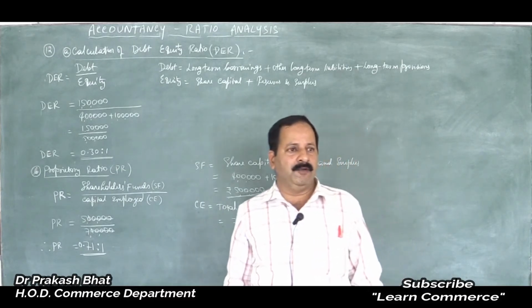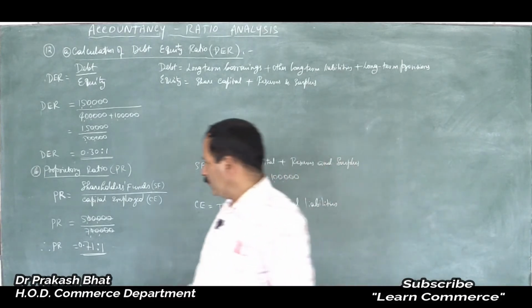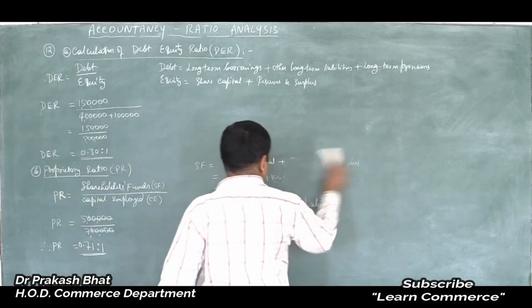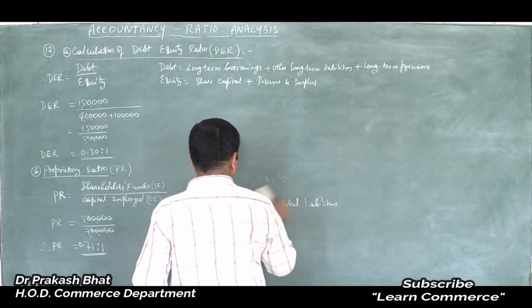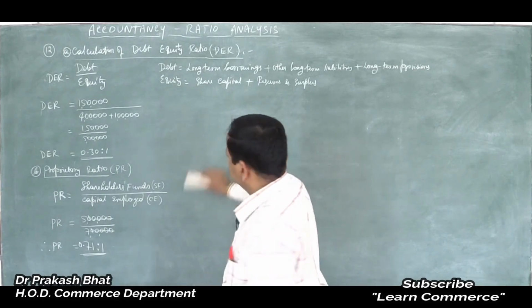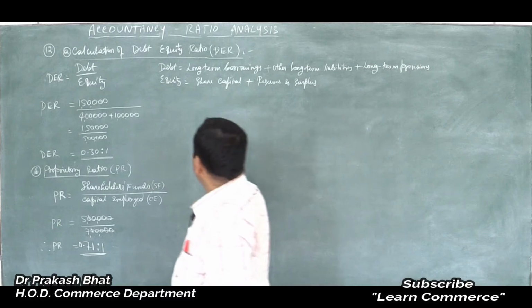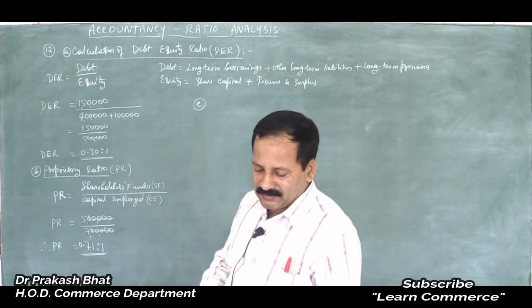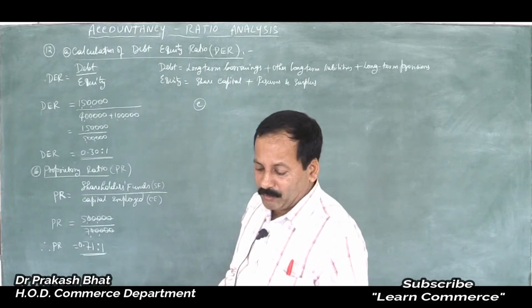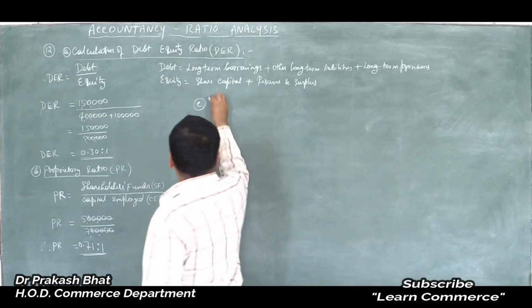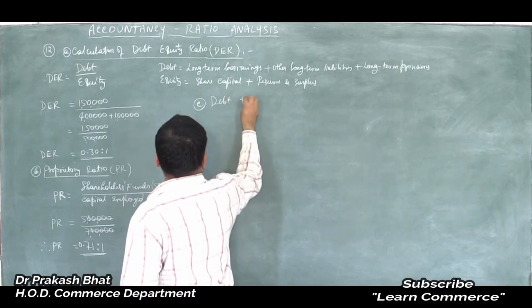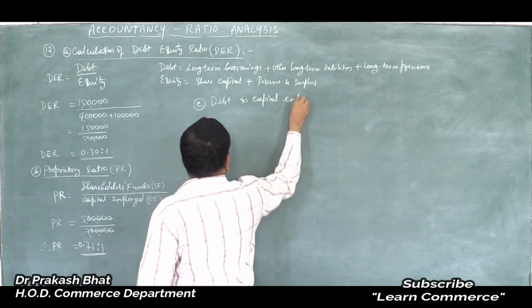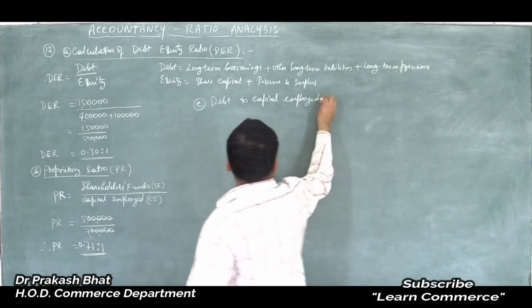Yes. Now the third one, point C, isn't it? We have to calculate now. I will erase this. What did they ask further? What to calculate? They told us to calculate the debt to capital employed ratio.